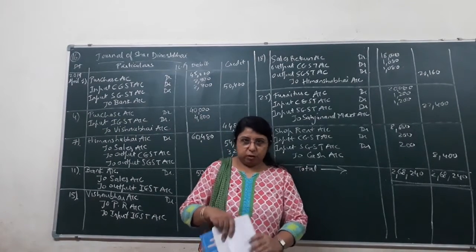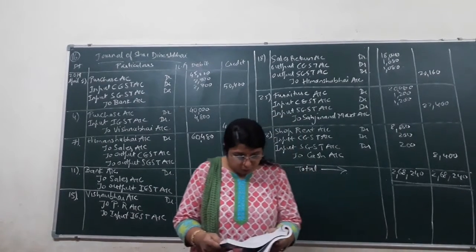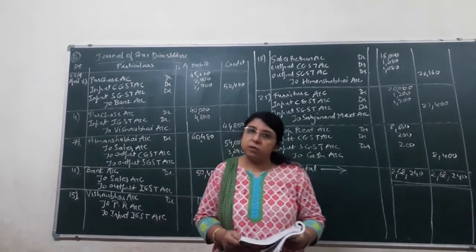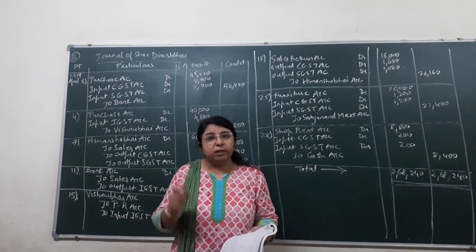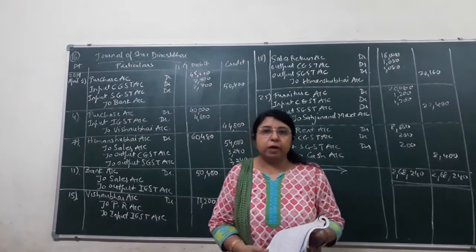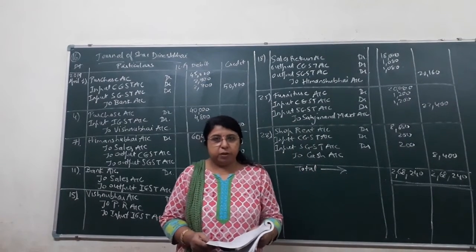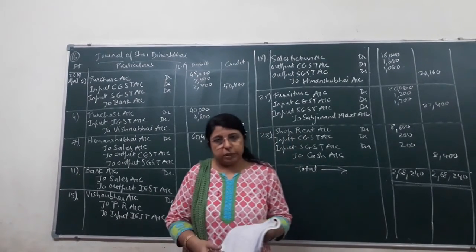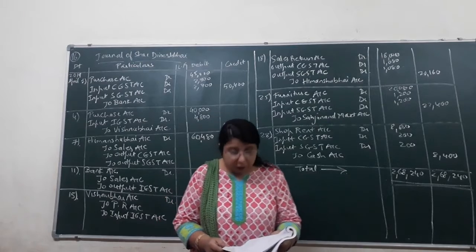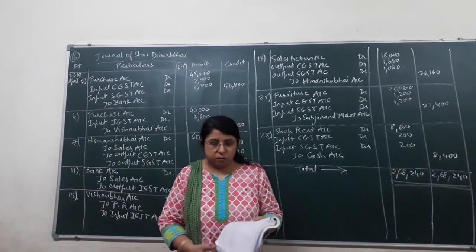CGST and SGST. Okay. Now over here the GST rates are given to you, that is on goods and on services. Okay. If the transaction is within the state and it is a goods related transaction, then CGST and SGST would be 6% each. But if it is a transaction related to services within the state, then the rate would be 2.5% each for CGST and SGST.